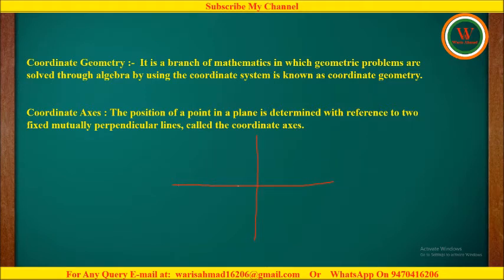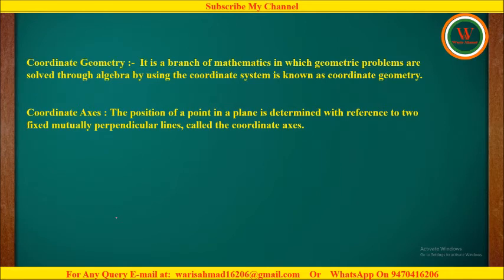The horizontal line represents the x-axis while the vertical line represents the y-axis. The position of any point, suppose we have a point here, is represented by these two axes, which are termed the coordinate axis.